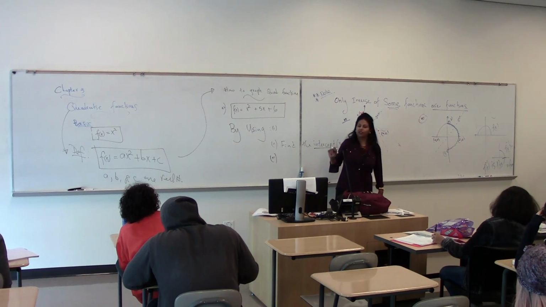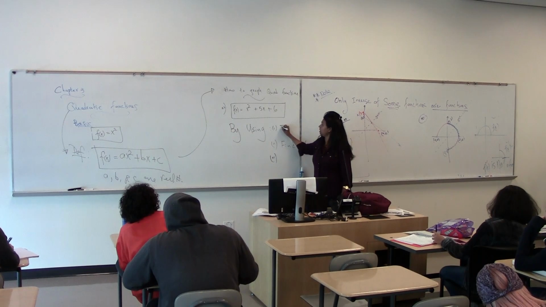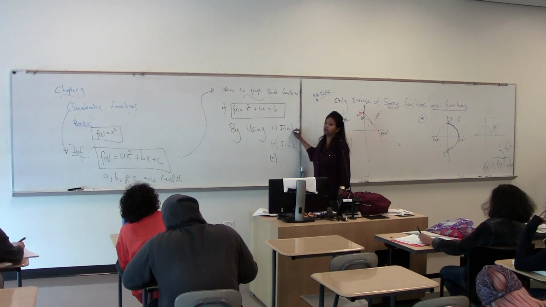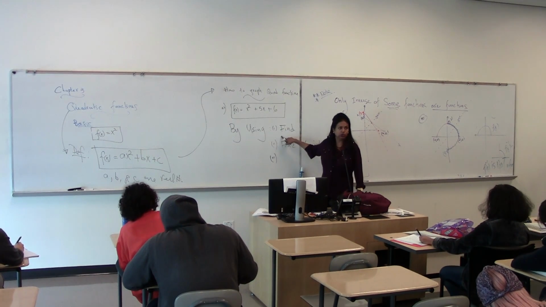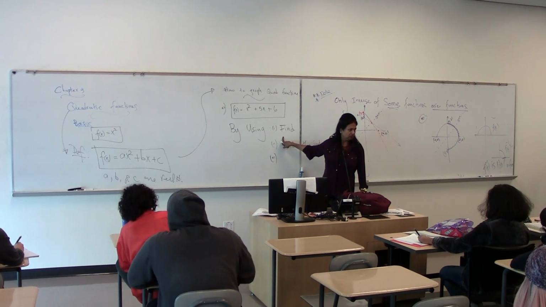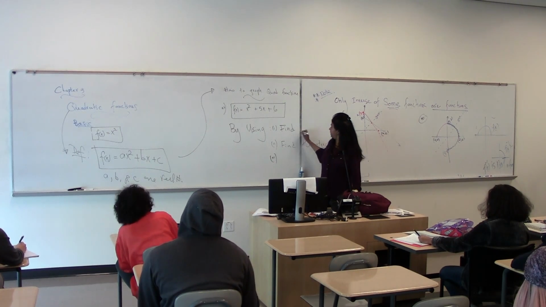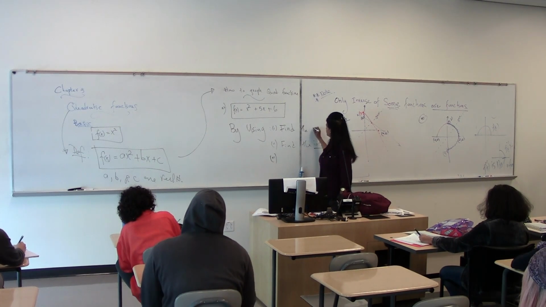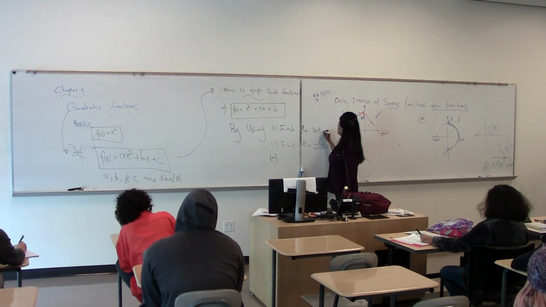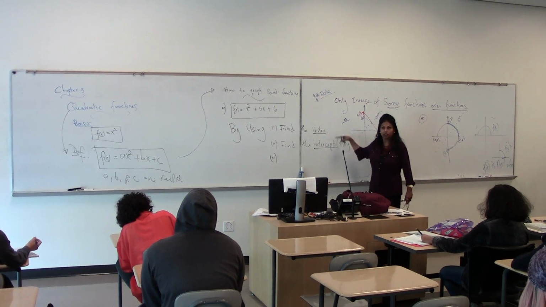Find the vertex. Very good. Remember guys, this you need to do. There are lots of word problems coming up. All you need to do is find the vertex to get the answer to your word problems. So you need to know how to find the vertex. The vertex is the maximum or the minimum point of the graph.